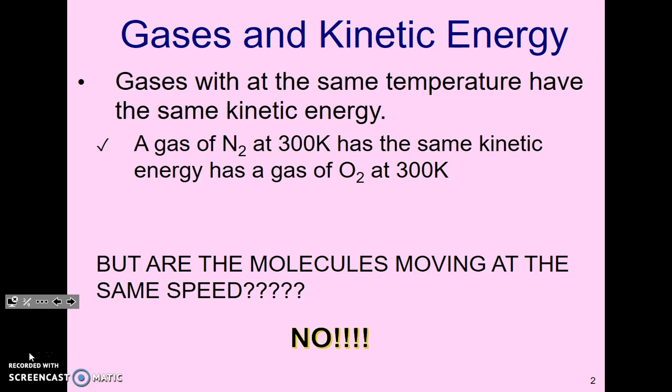Now, there's a common misconception that we need to get rid of, that atoms at the same temperature are moving at the exact same speed. That's not true. We need to talk about what factors affect the speed they move at.